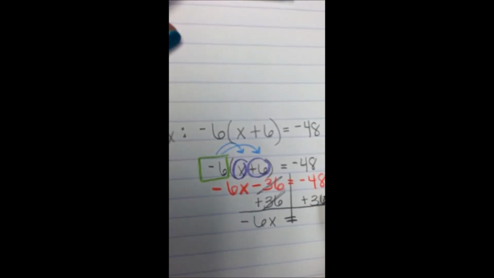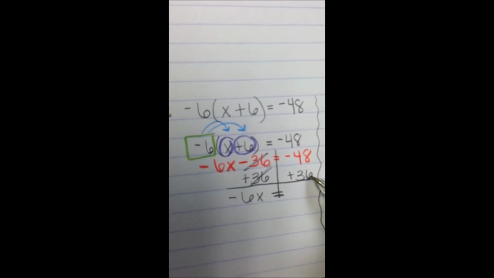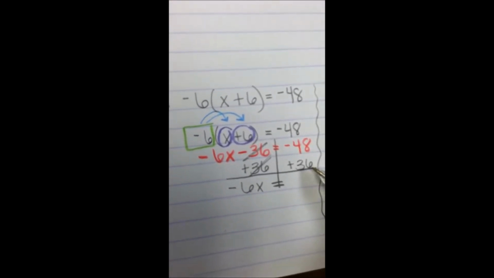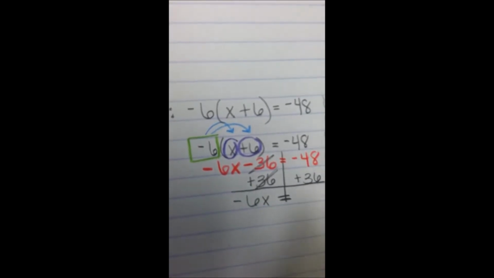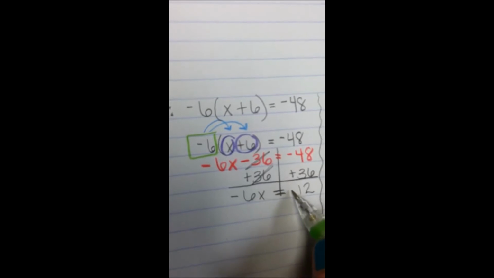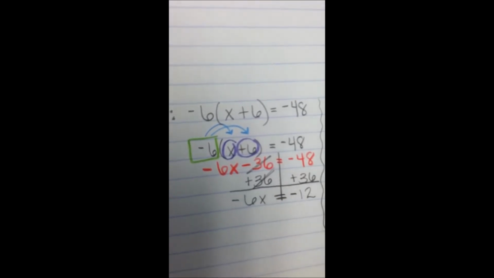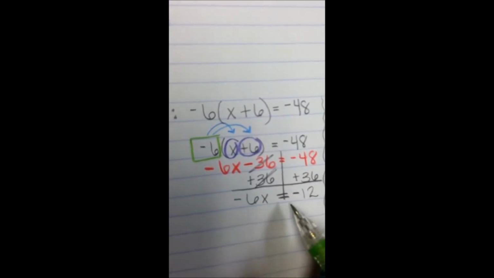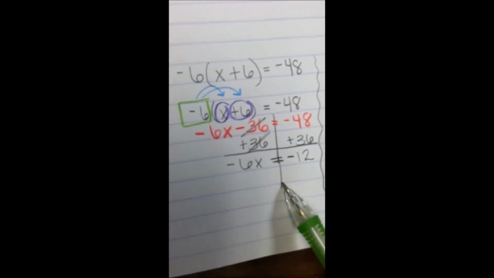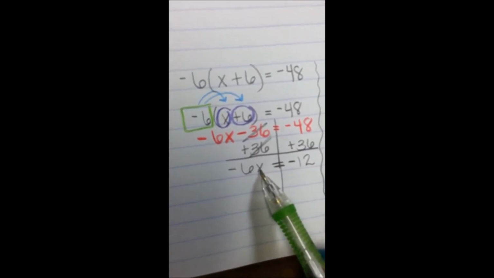Since those have different signs, we have to subtract them and keep the sign of the larger number. So we get 12 when we subtract, and since 48 is bigger, it's going to be -12. Now we continue on to do our second step. Draw another line at the equal sign, put your pencil on the variable.